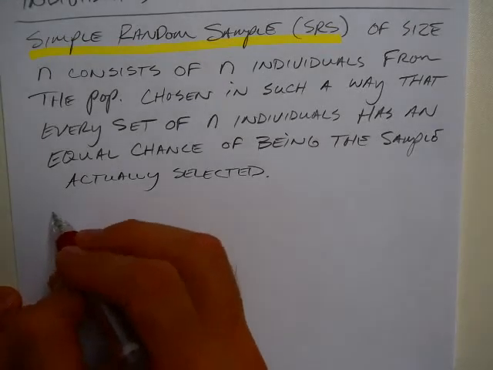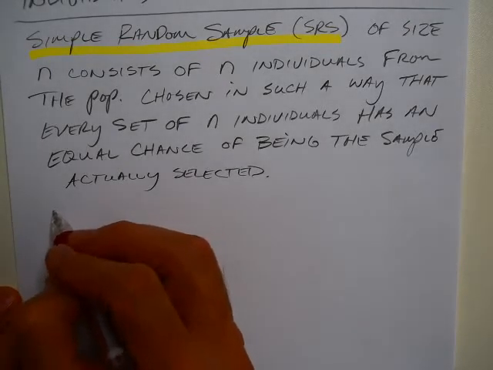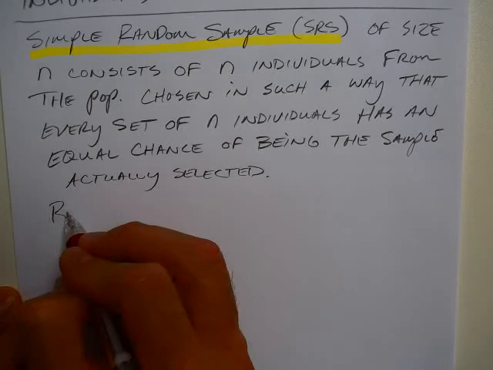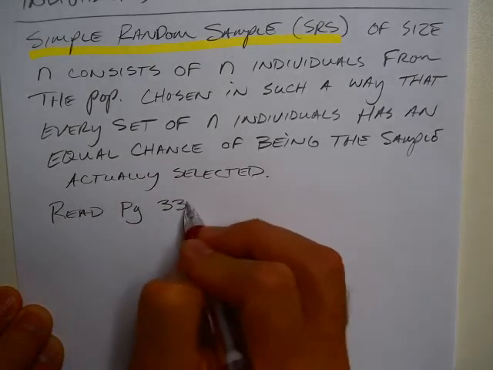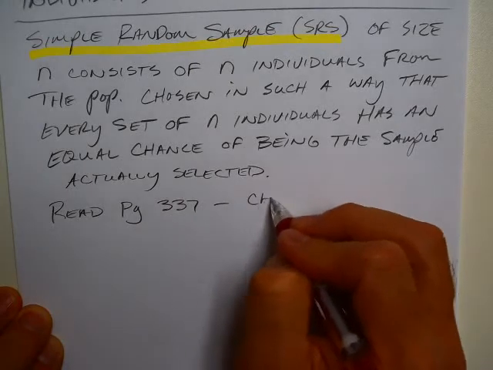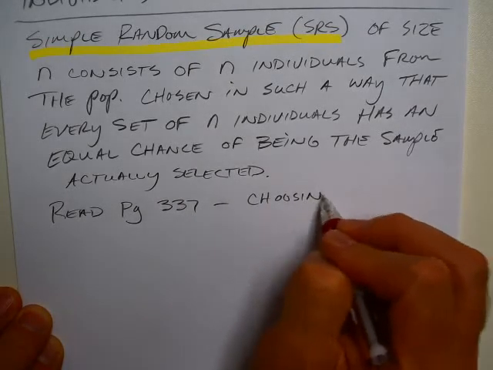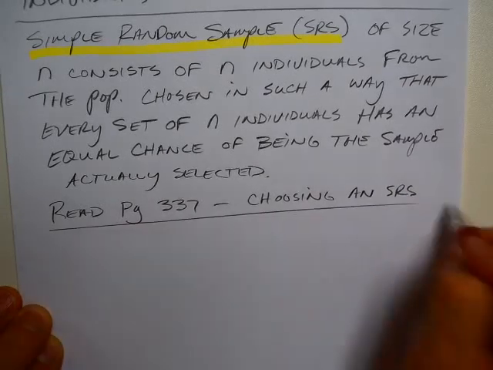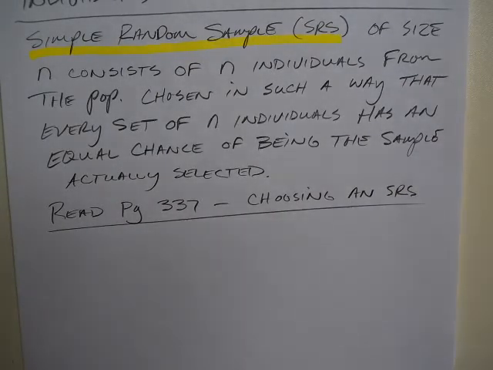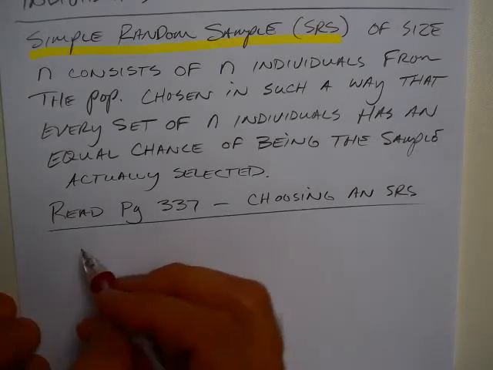So what I would encourage you to do, not right at the moment, but put this in your notes maybe, read page 337, choosing an SRS. That'll highlight some of the methods for doing this. Certainly we'll talk about many of them over the next days and rest of the year.